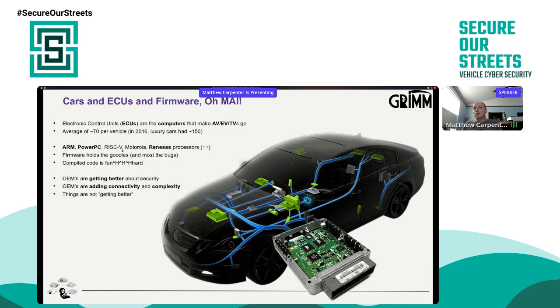So compiled code: you don't have a car that runs on Python or interactive BASIC or Perl. You have compiled code, typically written in C or C++ or some other compiled language for high power and speed.